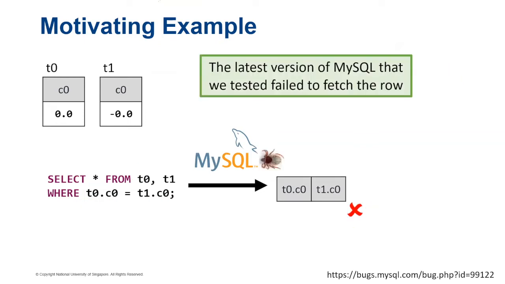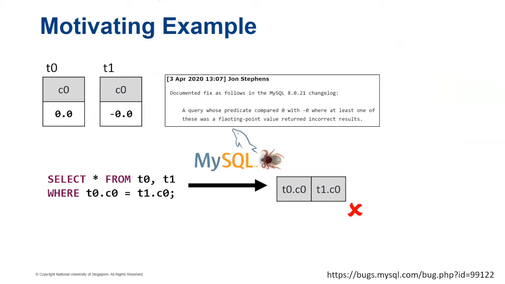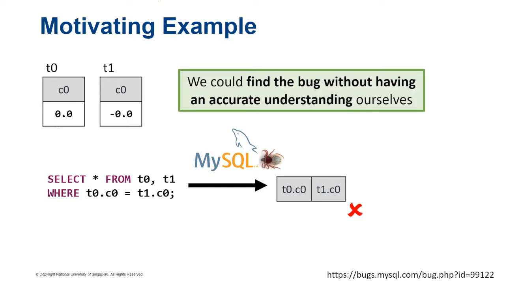Now, when we tested the latest version of MySQL, it produced a result that was wrong. And the MySQL developers fixed it for the next release of MySQL. But the point is actually, when we reported the bug, we didn't know whether the predicate should evaluate to true or false.